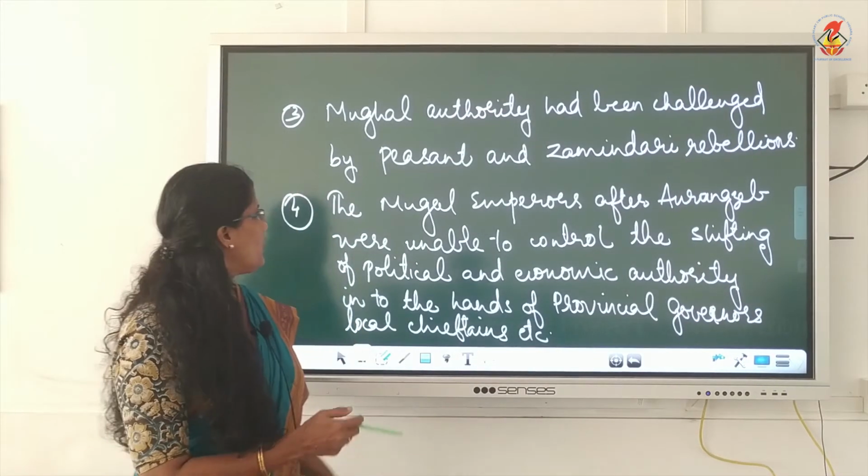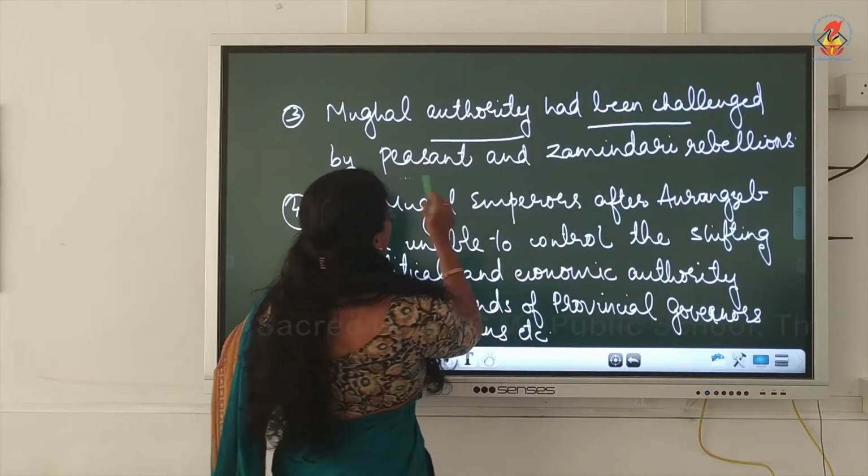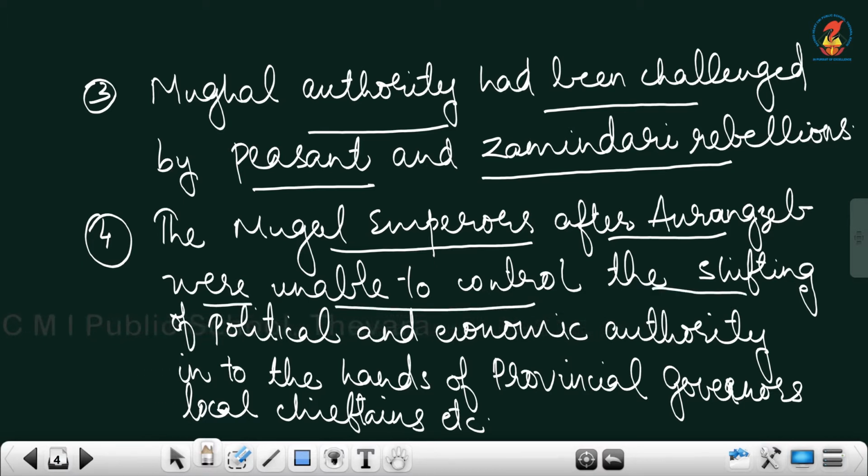Then the fourth point, the Mughal emperors after Aurangzeb were unable to control the shifting of political and economic authority into the hands of provincial governors, local chieftains, etc. So these were the main reasons for the decline of the Mughal empire.